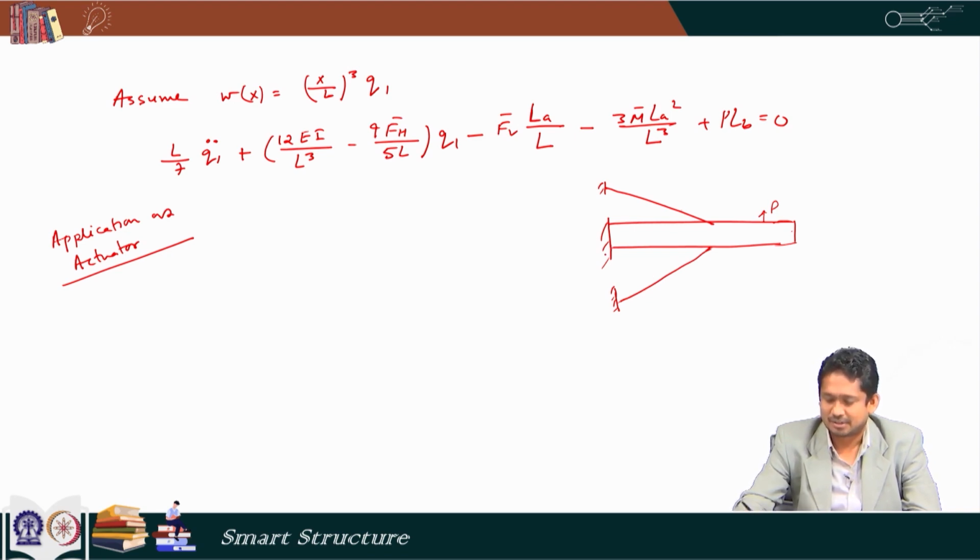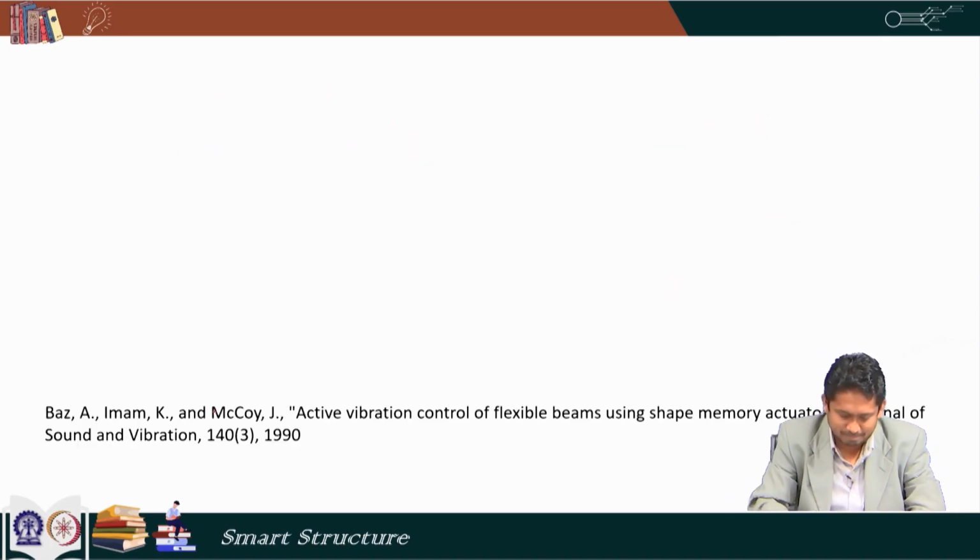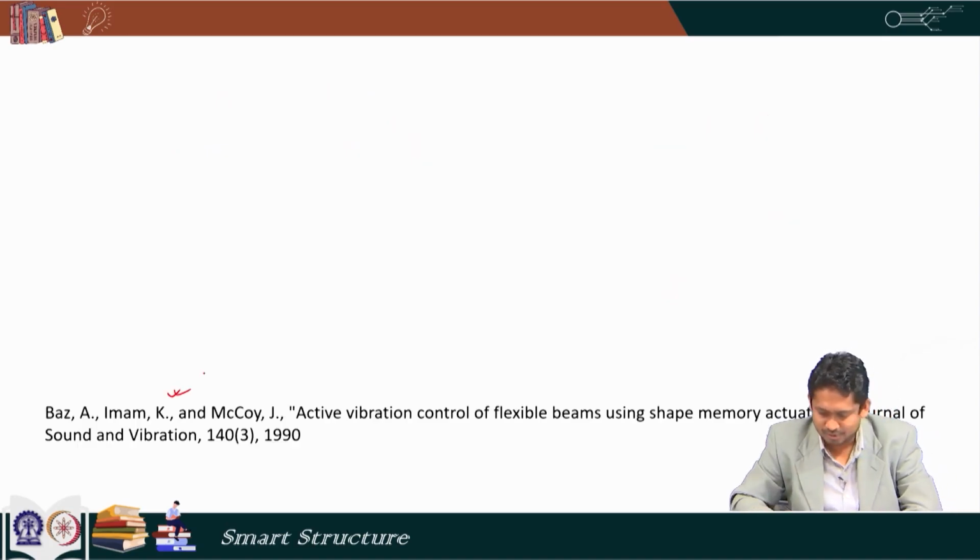The entire system can be designed in such a way that a sensor senses how the displacement and the velocity are, and accordingly one of the actuators is excited to control the displacement. For an application like this, this paper can be referred to.